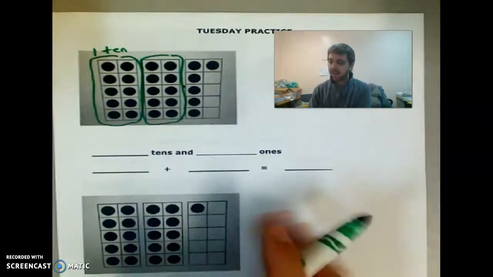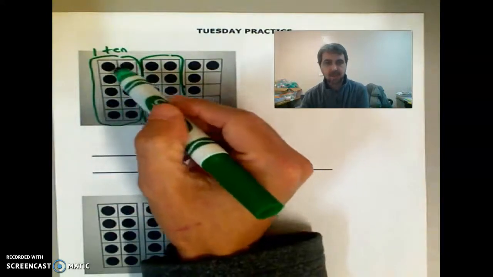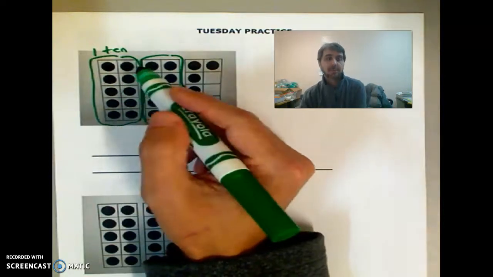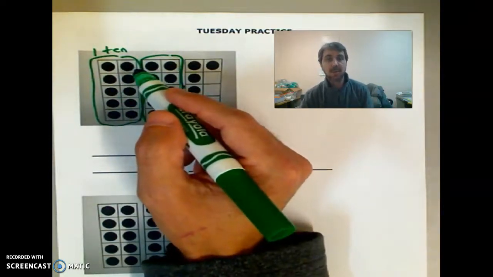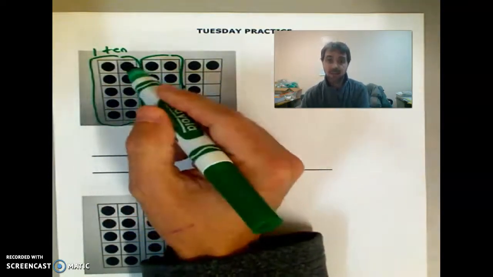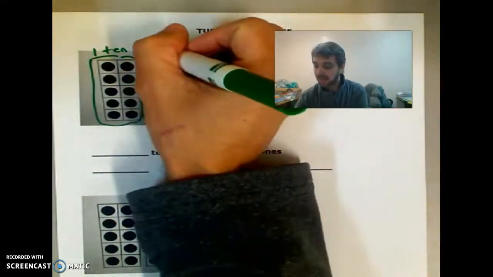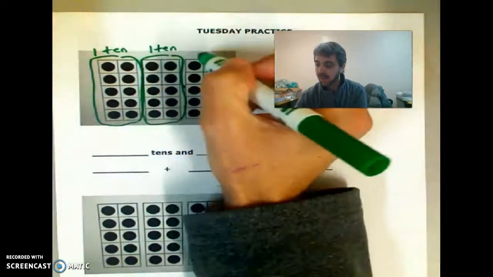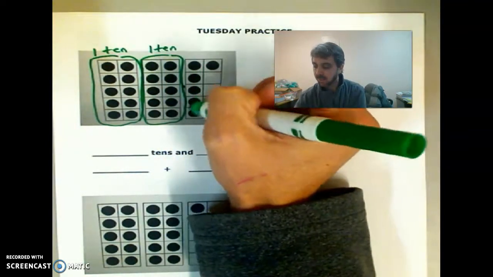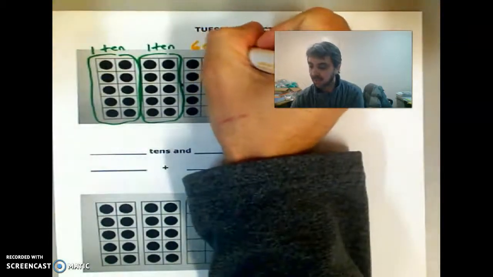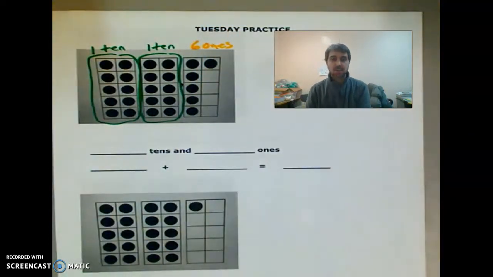So we have 10 here. It could be Skittles, it could be butterflies, like we were just talking about. Like a butterfly net, and you've got 10 butterflies in this net, so that fills it up. And here's another 10. And then we have 1, 2, 3, 4, 5, 6 ones over here.